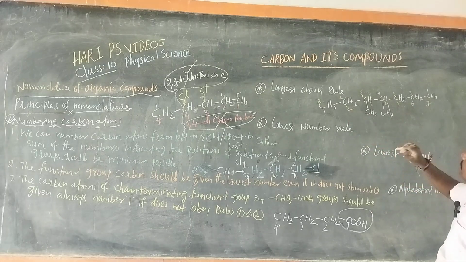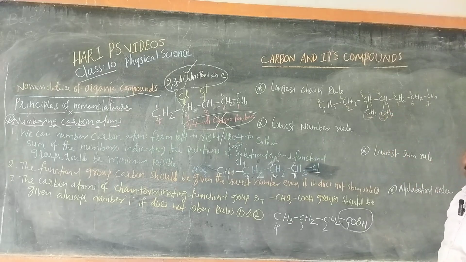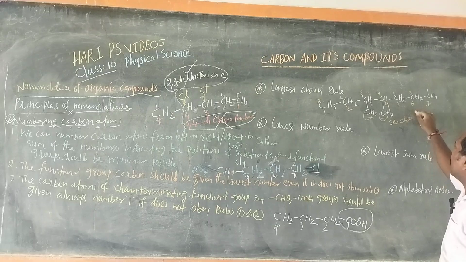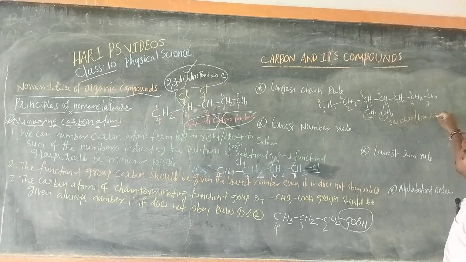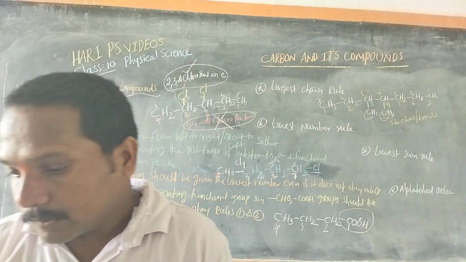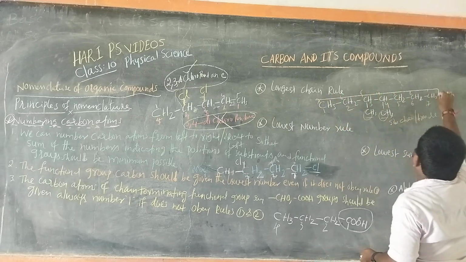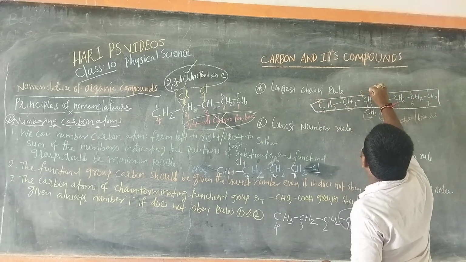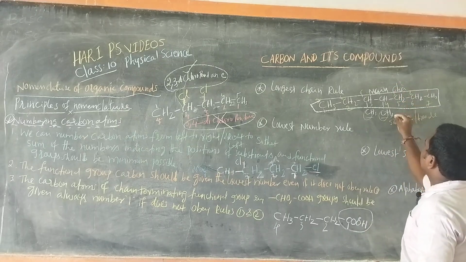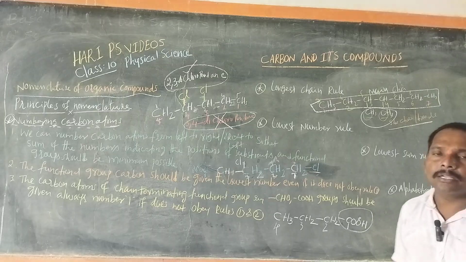Then the remaining carbons are considered as side chains or branched chains. So this is the main chain, or parent chain or principal chain. Then these two are the branches or side chains.